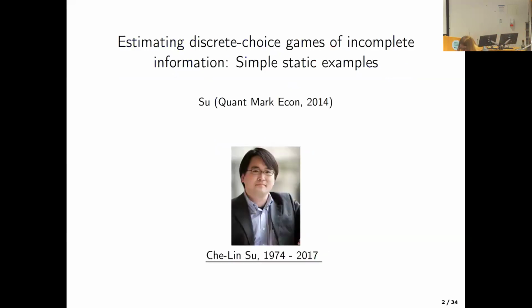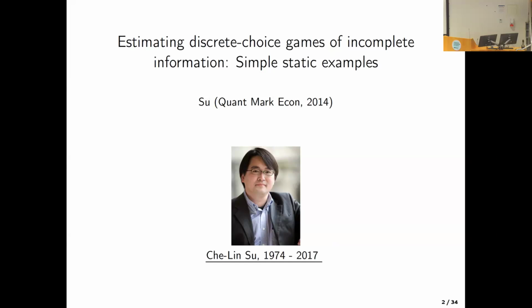And so the talk is really based on a paper by Qilin Su, who's kind of the founding father of MPEC, and he has a very nice paper in Quantitative Marketing and Economics that goes through this comparison, and that paper is in the repo.